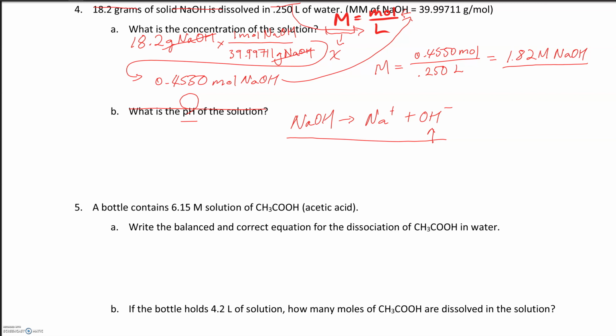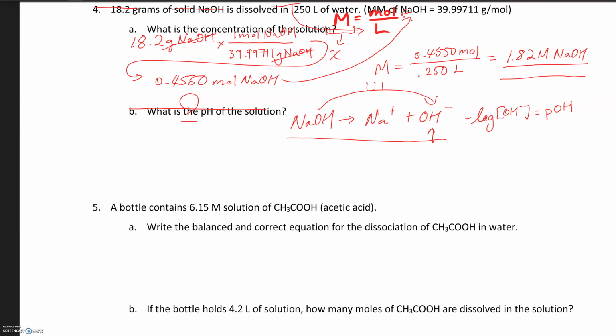So let's do this. We already know our concentration from above of the hydroxide, and because this is a 1-to-1 ratio, the concentration of the sodium hydroxide and the hydroxide should be the same.